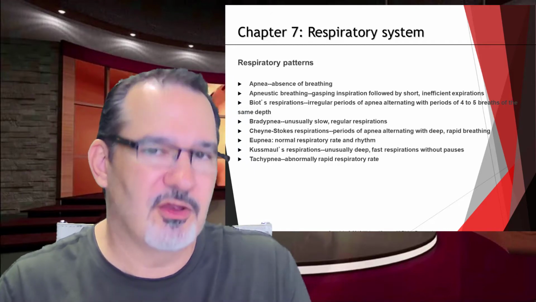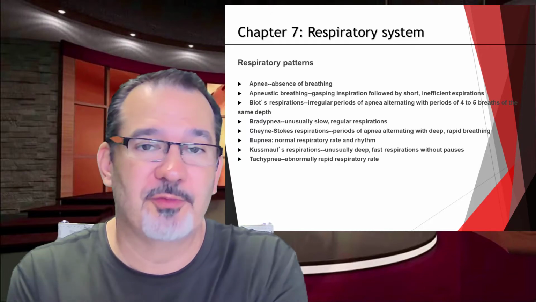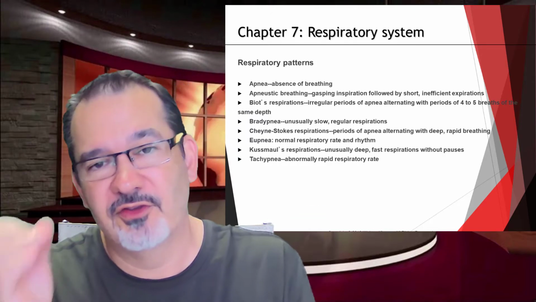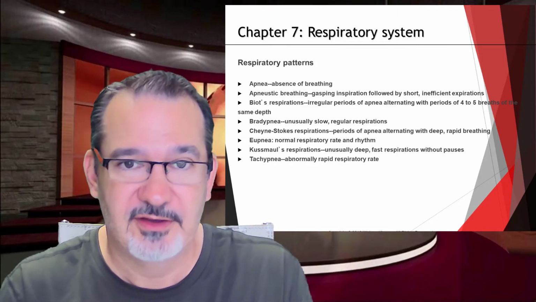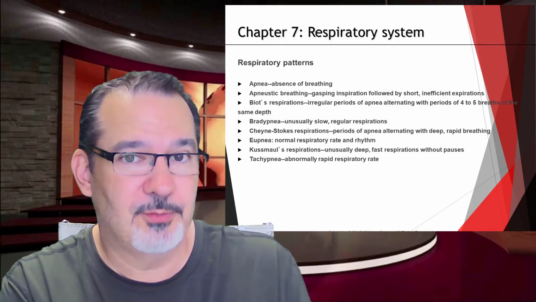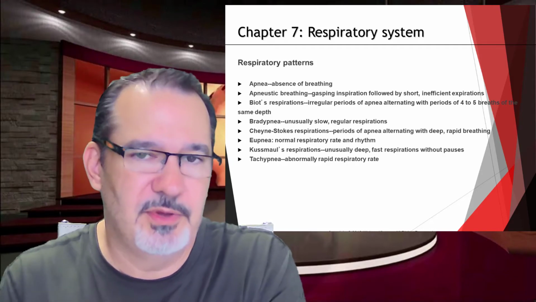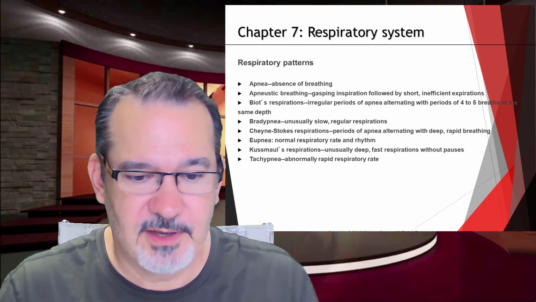It's abnormally rapid respiratory rate. Normal respirations for an adult is 12 to 20 breaths per minute. So bradypnea would be considered less than 12 breaths per minute. Tachypnea would be considered more than 20 breaths per minute. Okay.